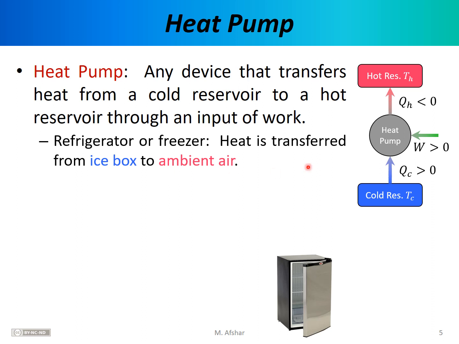So in the case of a freezer, for example, the heat pump is taking thermal energy from the icebox, from the interior of your freezer, and pumping it outside into the ambient air. In fact, if you put your hand behind the refrigerator in your home, you'll feel that it's quite warm. The warmth that you're feeling is basically the thermal energy that has been pumped out of the icebox and is being pumped into the ambient air in your kitchen.